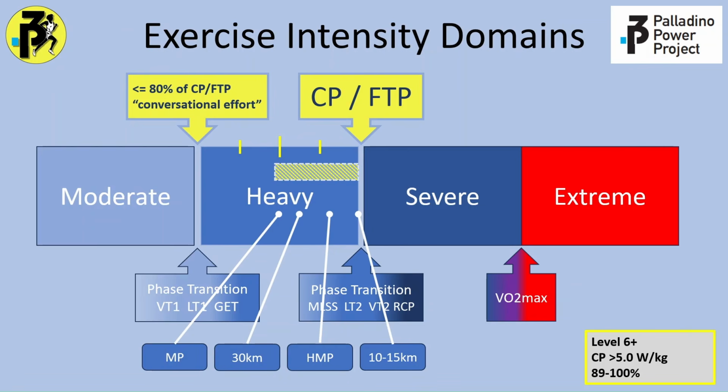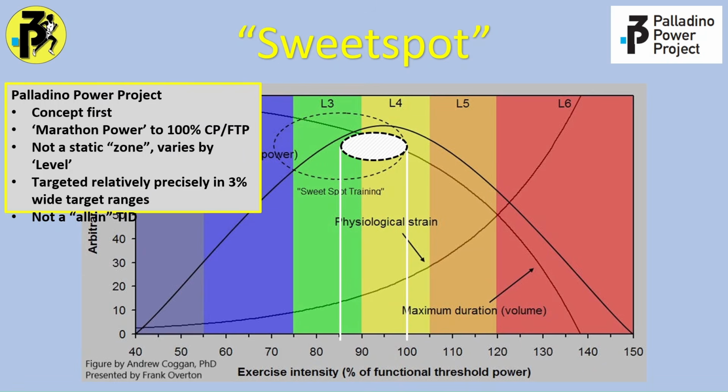All right. So from my perspective, the Palladino Power Project perspective, again, I agree with Dr. Coggan. First and foremost, sweet spot is a concept. It is that sub-threshold area that aligns well with the Norwegian subthreshold concept. It's the concept first.